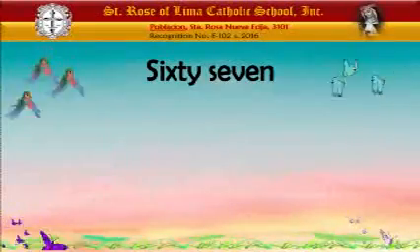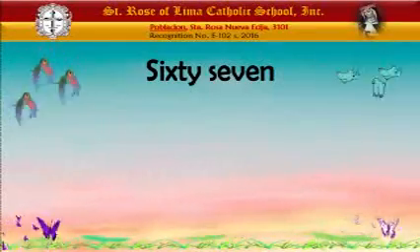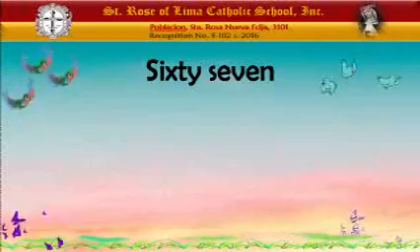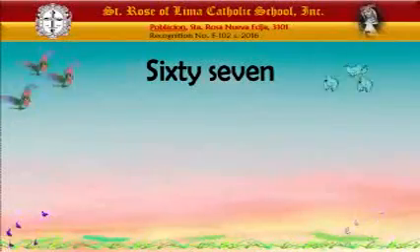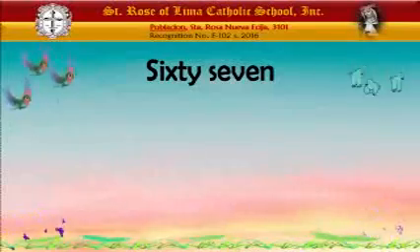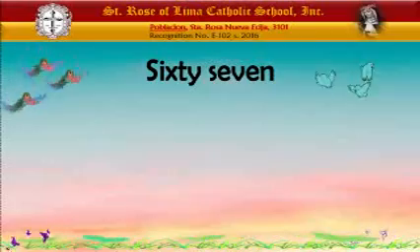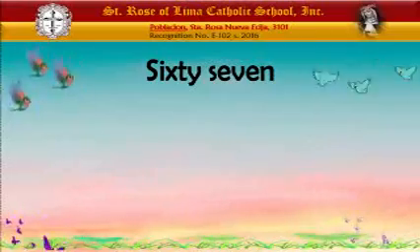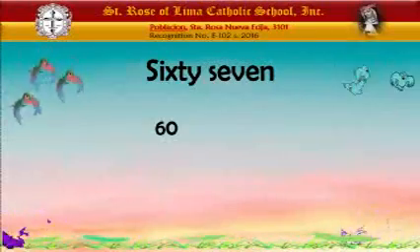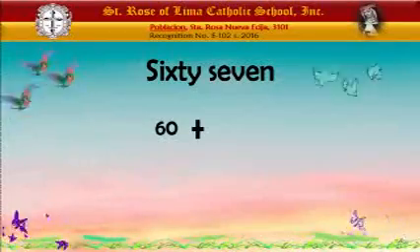Okay, let's try. We have here sixty-seven. We read this as 67. For us to write 67 in numerals, we have to write it word by word. For example, we have there 60. So let us first write 60. We write 60 in numerals as 60 plus, let's write this 7.